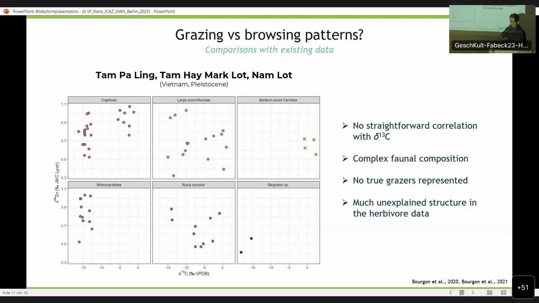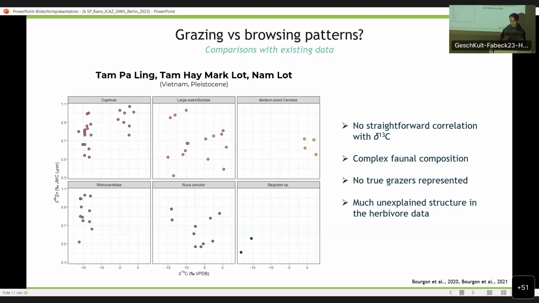And so what he was looking at, to look at this grazer-browser distinction, was to say, okay, here we actually have a C3, C4 environment. Do we see a correlation with the more traditional grazer-browser tracer of delta 13C? And we don't really, but also there's a lot of grouping going on in some of these taxonomic groups. And so in some we can see, okay, this is maybe more like what we would expect to see, but then in the caprines, it's going more the opposite way.